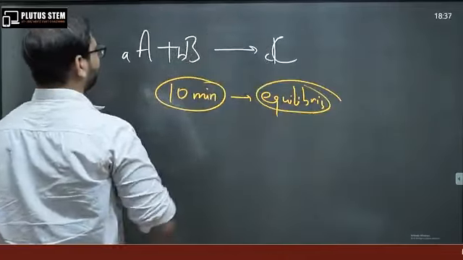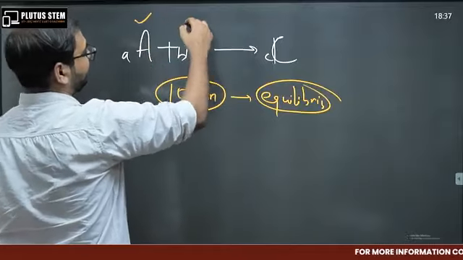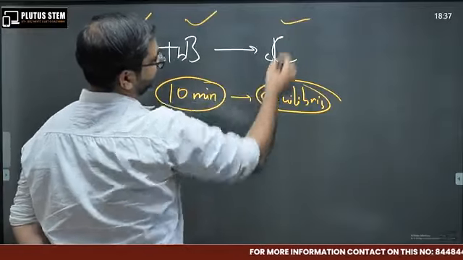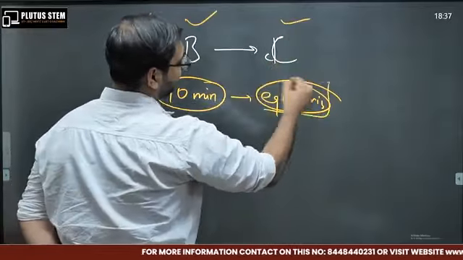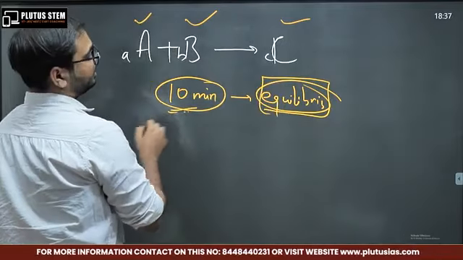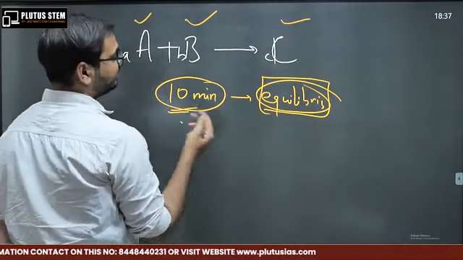Now, at this point, the concentration of A, B and C after the interval of 10 minutes, I can use to find the equilibrium constant.